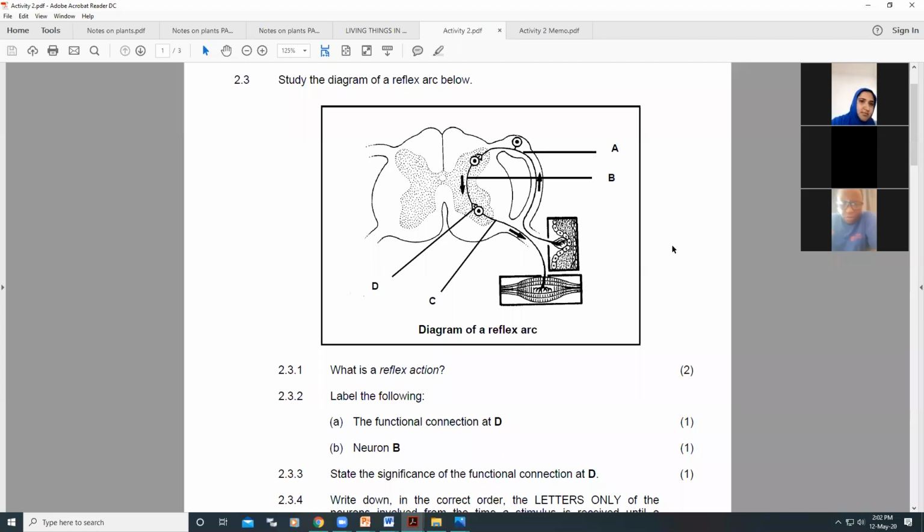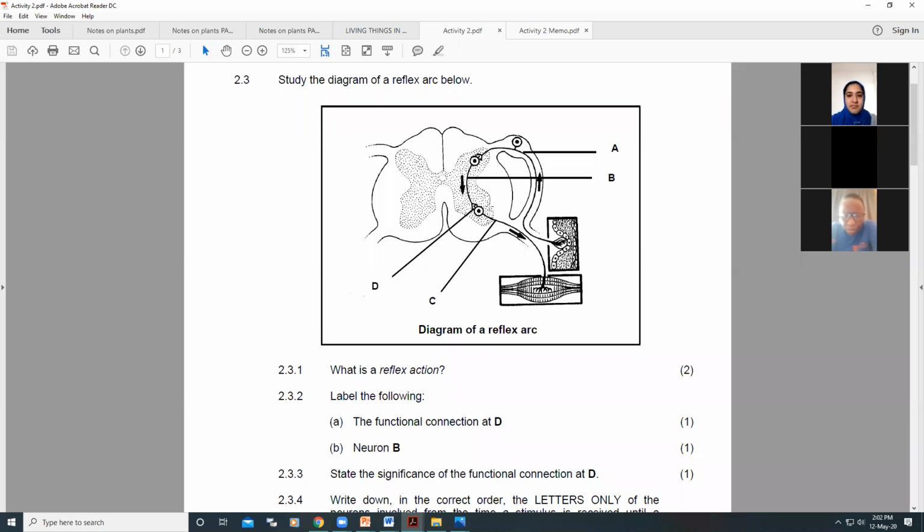You can see that's a neuron. Right, who's going to give us the answer there? Part A, sensory neuron, that's correct, right? And then part B, that's the interneuron, correct, good.